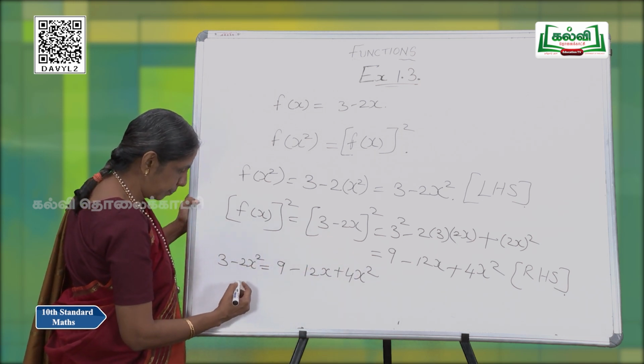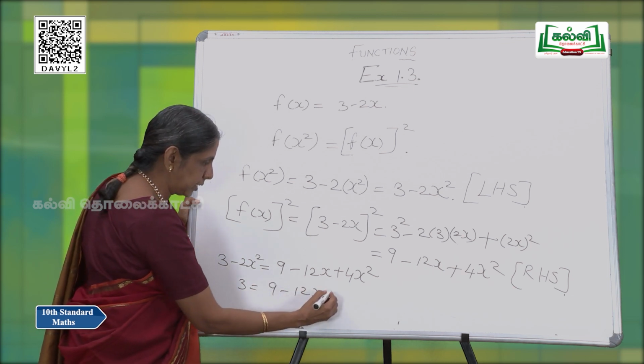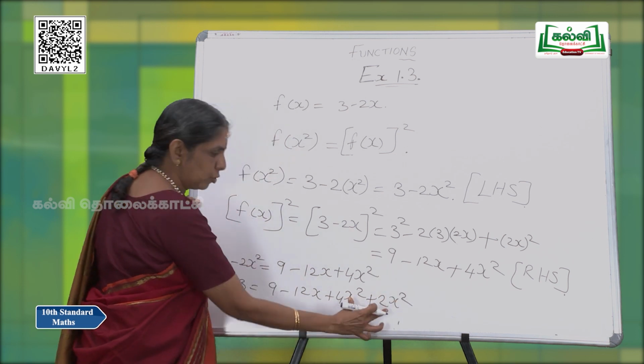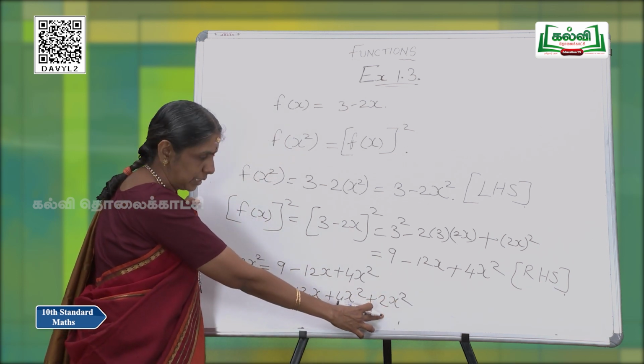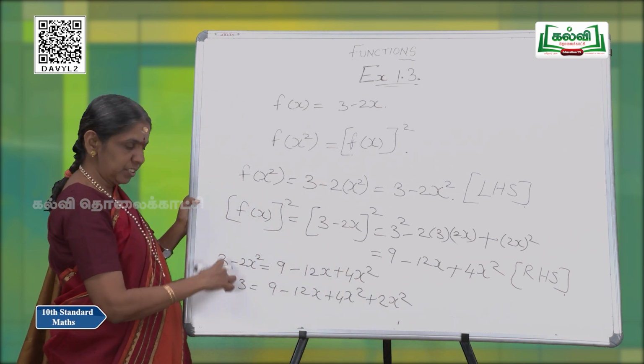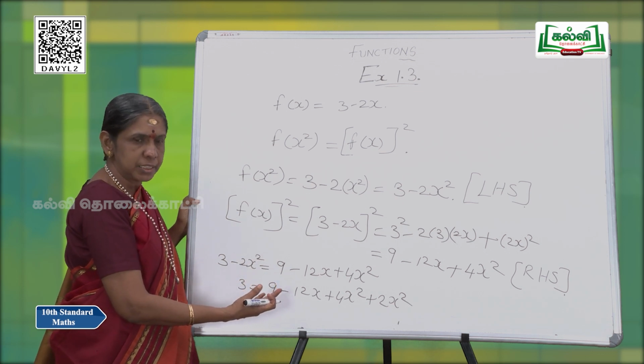So, it will become 3 is equal to 9 minus 12x plus 4x squared plus 2x squared. 4x squared and 2x squared are like terms. When you add these two, it will become 6x squared. Similarly, plus 3 when it is transposed, it will become minus 3.